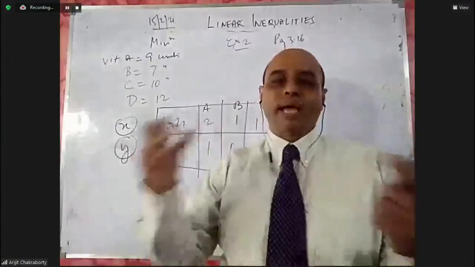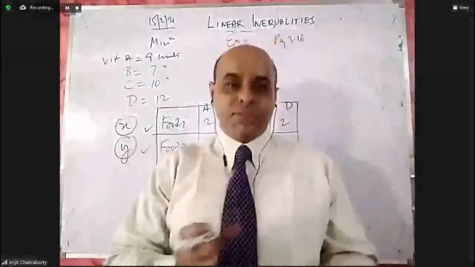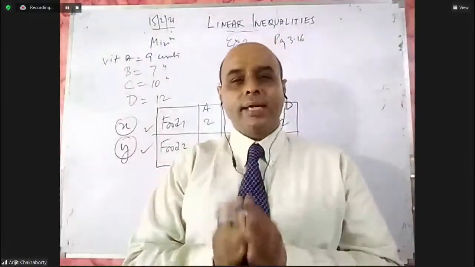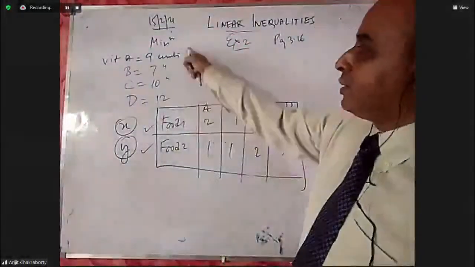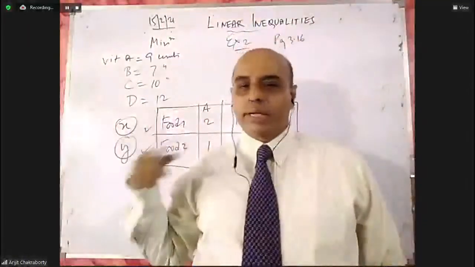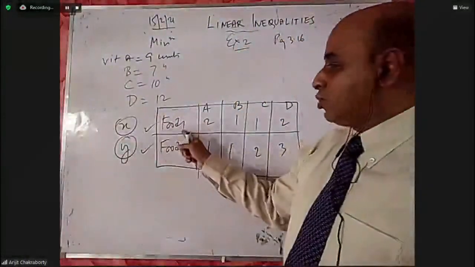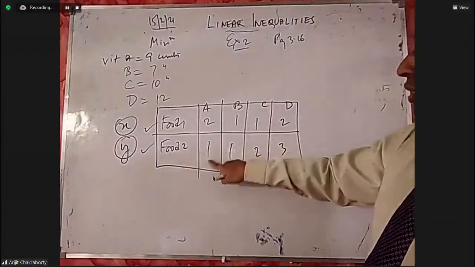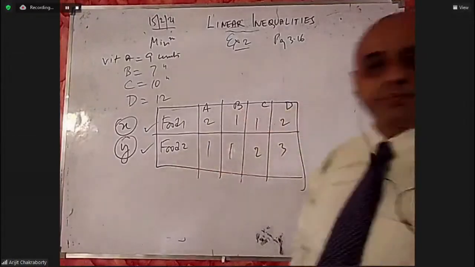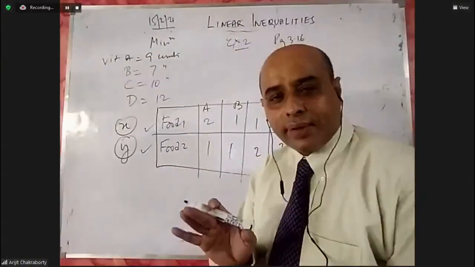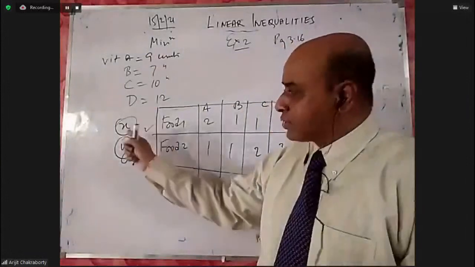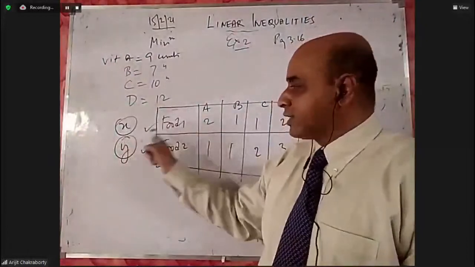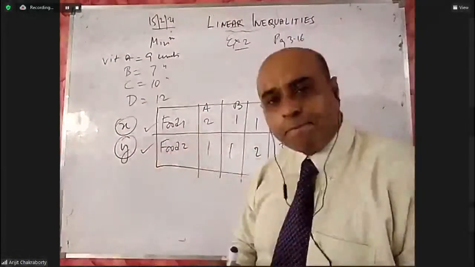I am mixing 2 types of food with 2 different nutritional contents in a proportion, so that I get these ingredients. Clear? Following? So as per the solution, we assume X units of food 1 is mixed with Y units of food 2.